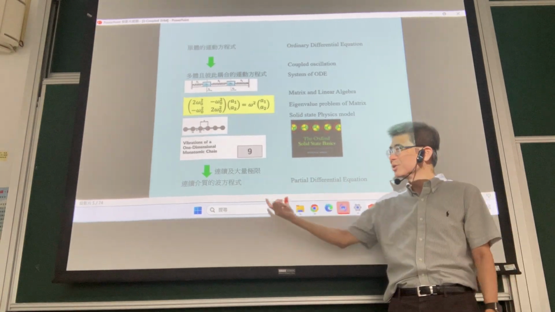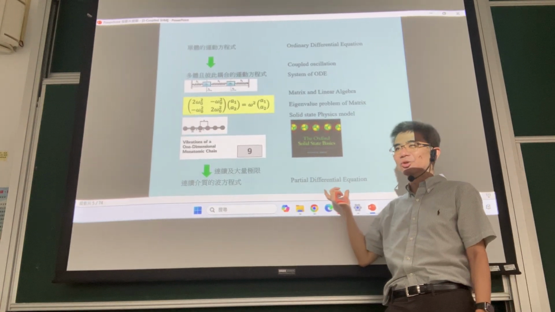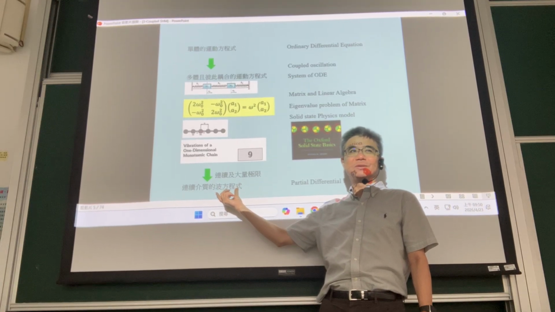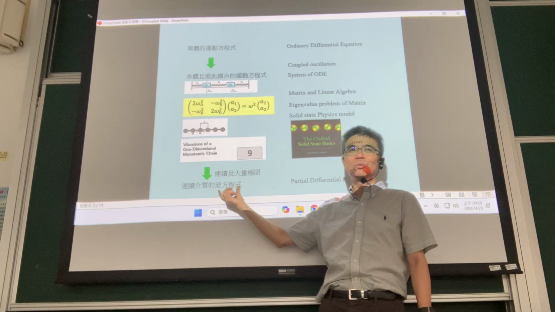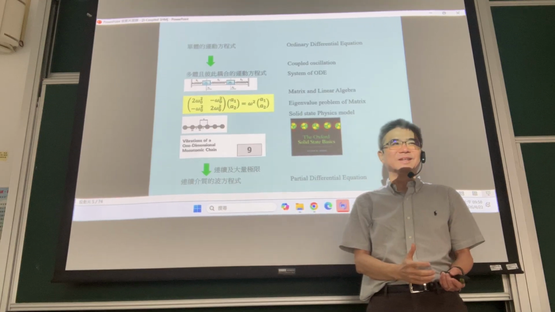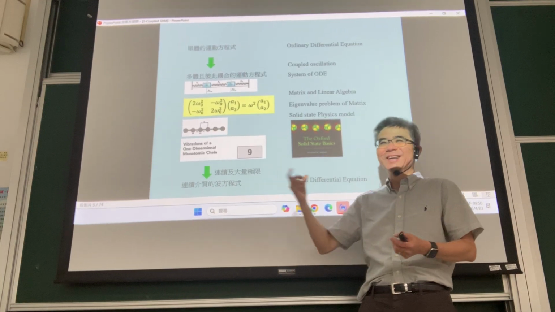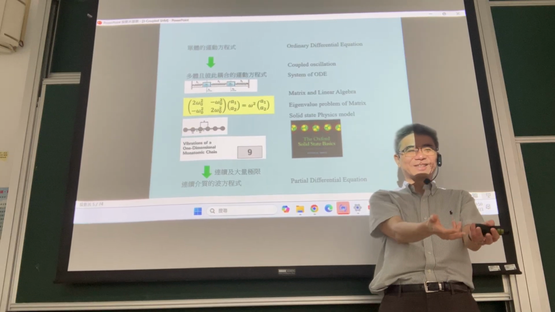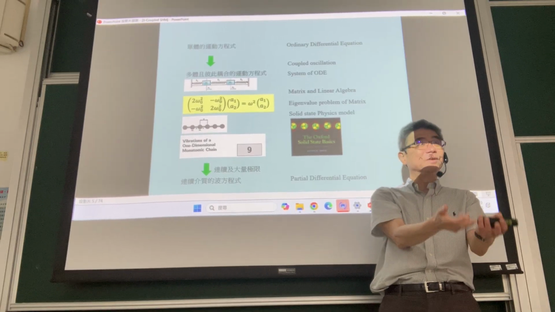And the typical example of a partial differential equation is the wave equation. That's supposedly the keyword of the second semester, the first part.